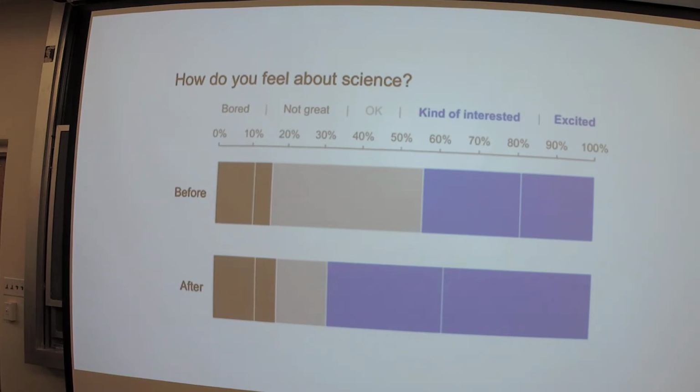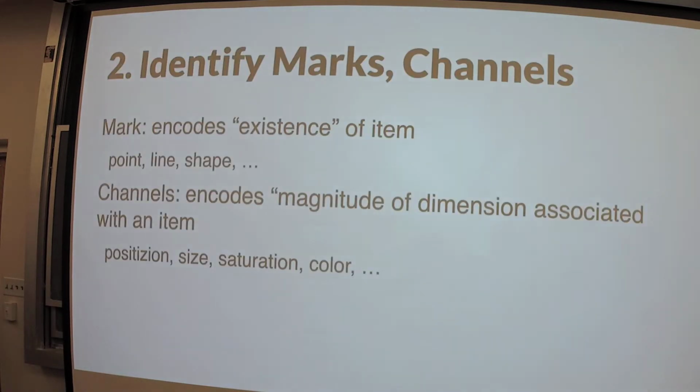You have these 5 response types, which in this case are our labels. But then we have the numbers, so we have 10% are bored, for example. So this is a quantitative piece here. And we have 2 different conditions here, before and after, so very likely the person that made this chart wants you to compare those 2. That's how you would approach this one.